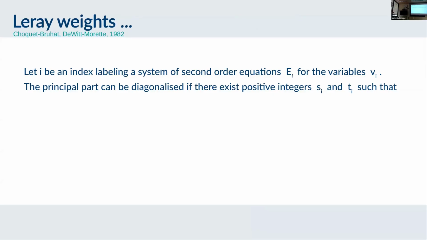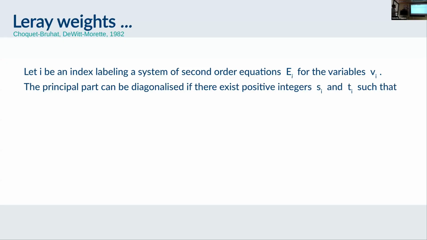Okay, so let me introduce the concept of Lie weights. This is not the way that you would understand well-posedness in modern mathematical language, but I think it's easier to understand than the modern way. The modern way works with first order equations, and then looks at the characteristic polynomial of the principal part of the equations.